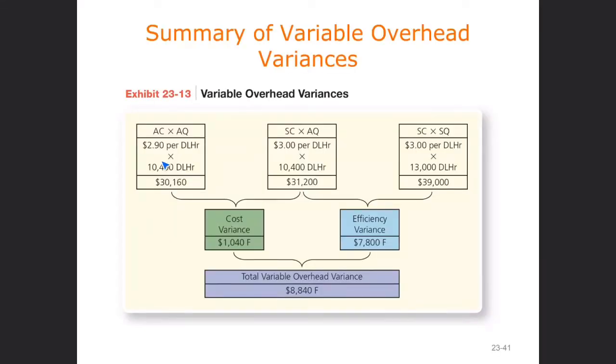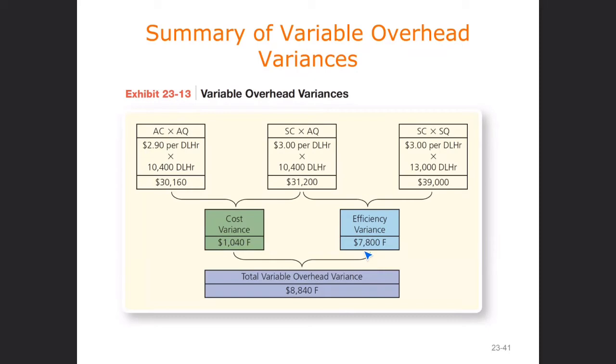Same thing here. They are showing us the different equations that we just went through. We're figuring out our cost variance and our efficiency variance. Once we have those, we can determine the total variable overhead variance, which is the difference of cost and efficiency.